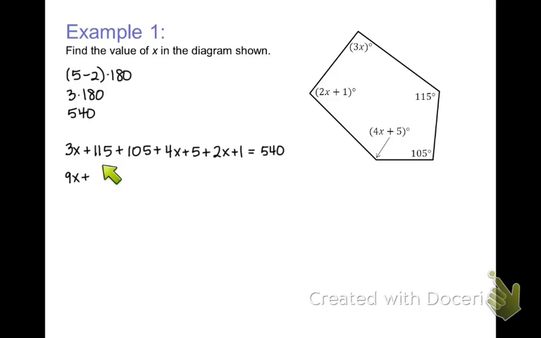So we get 115 plus 105 is 220 plus 5 is 225 plus 1 is 226, that still equals 540. So now we can subtract 226. What does that leave me with? Not 316, but 314. Good.